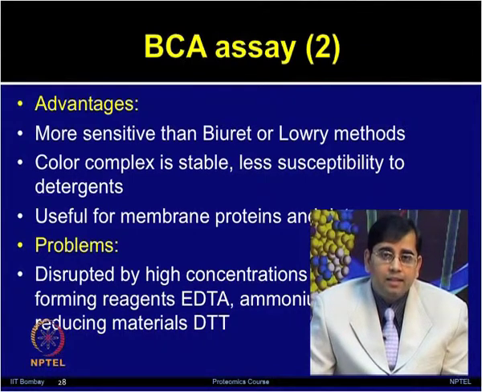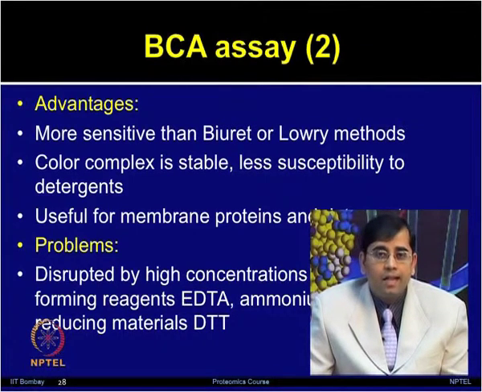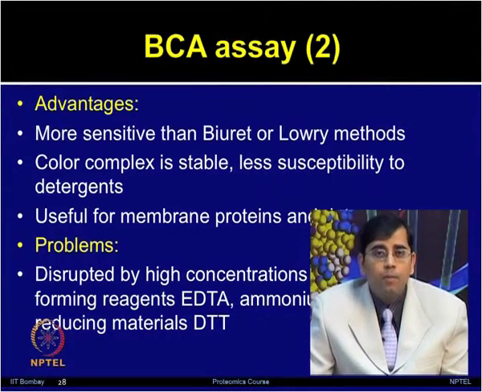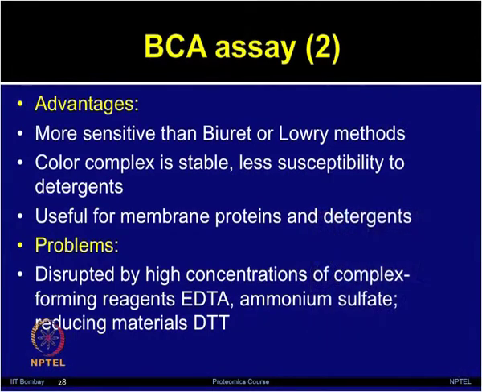So, this method definitely has a lot of advantages as compared to the Lowry method, but it still has some problems. This reagent can be disrupted by a very high concentration of reagents such as EDTA, ammonium sulphate and different types of reducing material such as DTT.